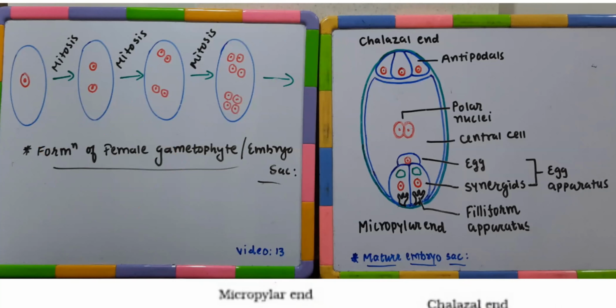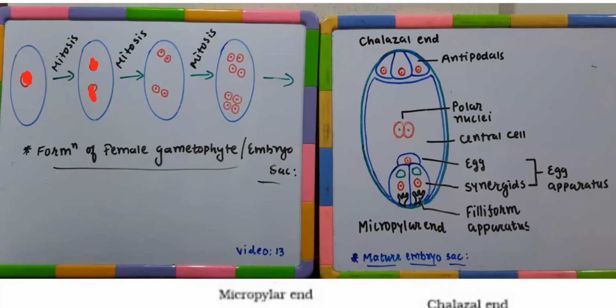Its nucleus undergoes repetitive mitotic divisions. First of all, it forms two nuclei. One will start moving towards the micropylar end, the other towards the chalazal end of the embryo sac.